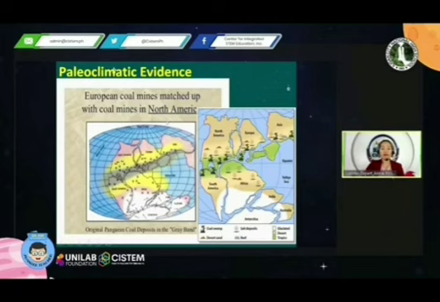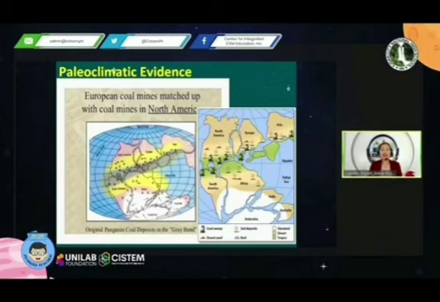All right. So in the figure here, you can also find the different coal swamps, coal deposits found in different continents. So with all these evidences used to support the continental drift theory, unfortunately, the scientific community did not accept Alfred Wegener's continental drift theory. Why? Do you know?